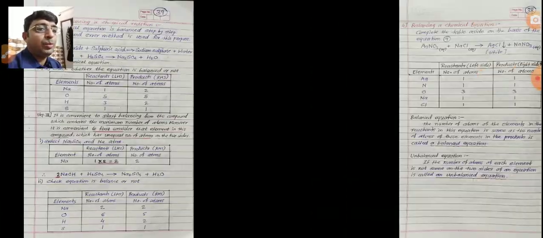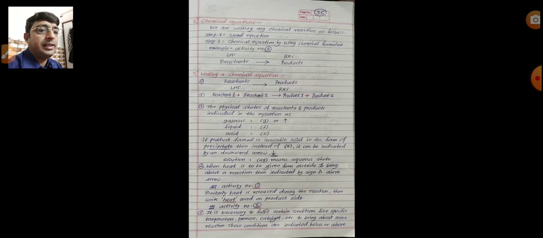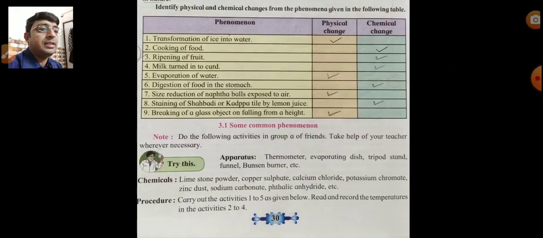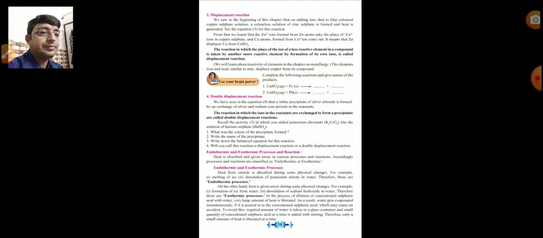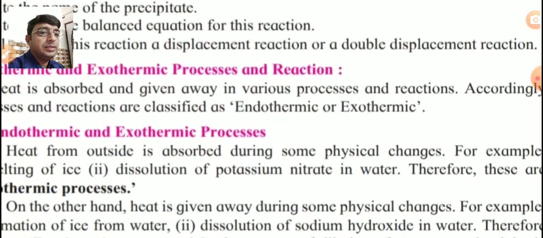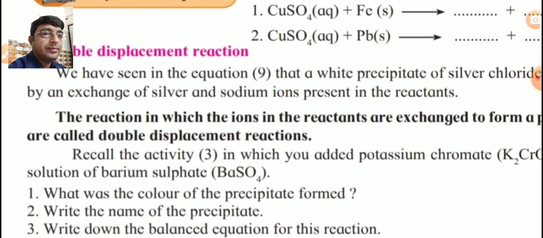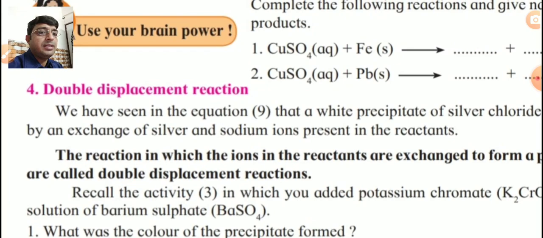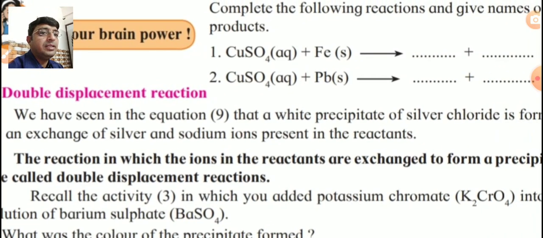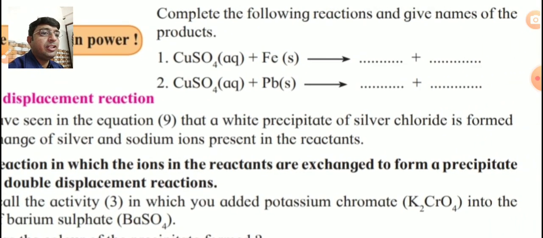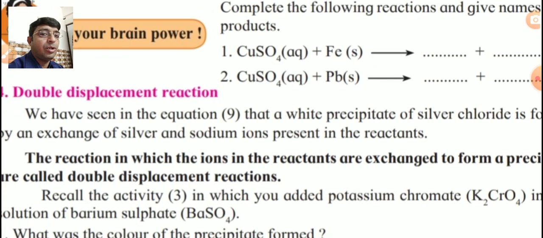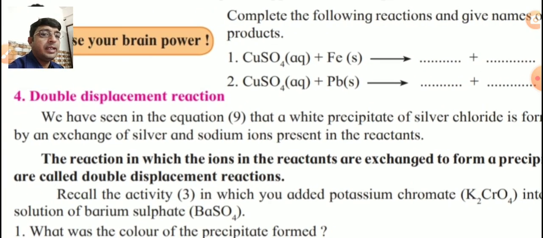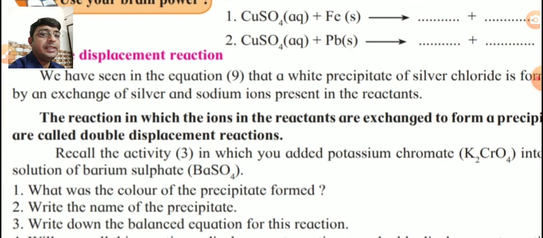And the fourth type of reaction we learn today is the double displacement reaction. We have seen in equation 9 that a white precipitate of silver chloride is formed by an exchange of silver and sodium ions present in the reactants.